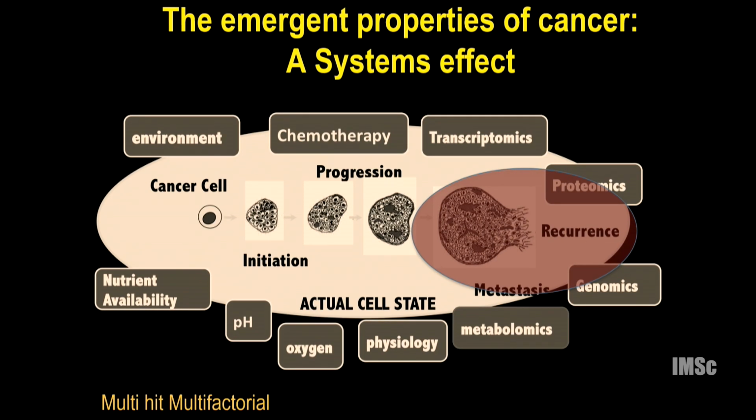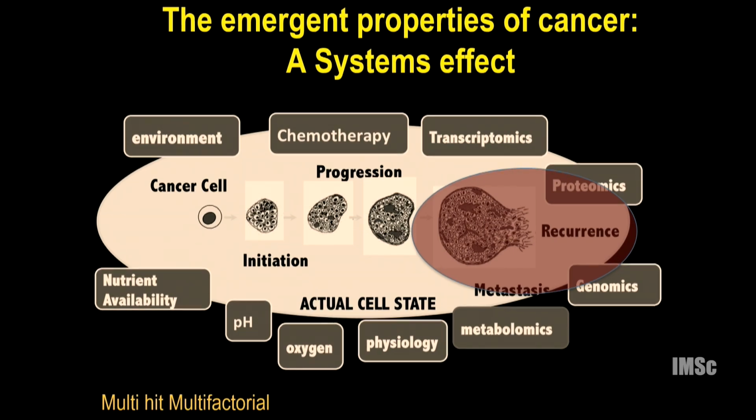So why does cancer need a systems approach? That's because it's a multi-hit, multifactorial disease. And what I mean by multi-hit is that when changes occur in the cell, changes occur at every level of molecular hierarchy, right from the RNA to the protein to the genome and the metabolome.